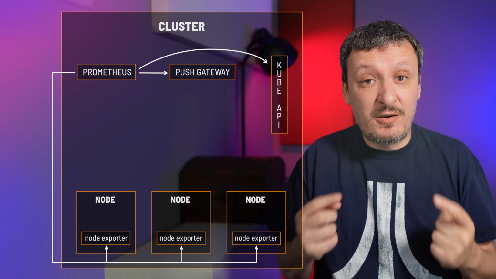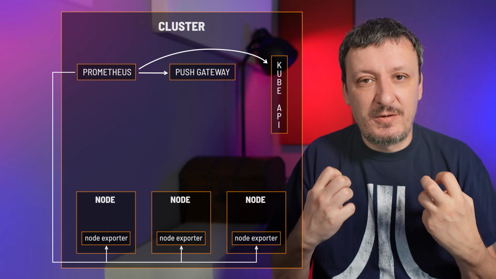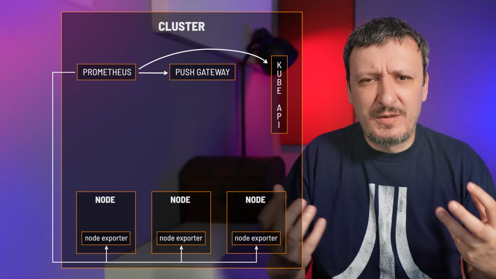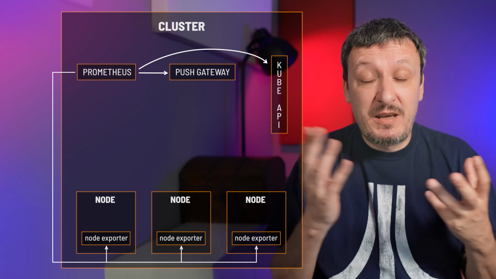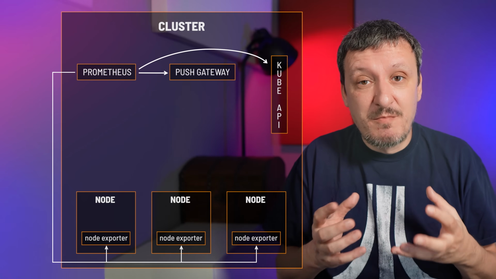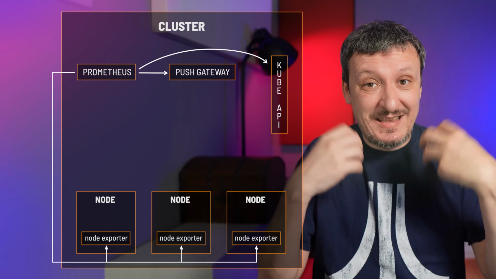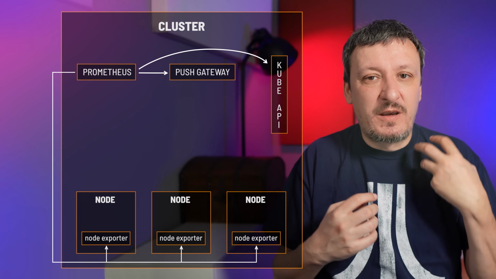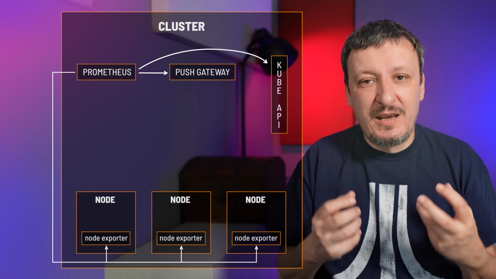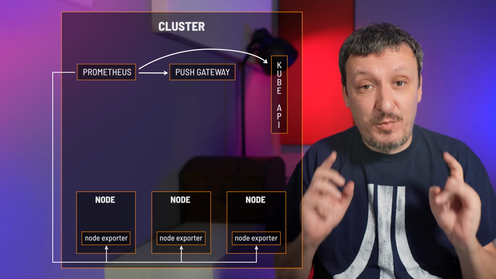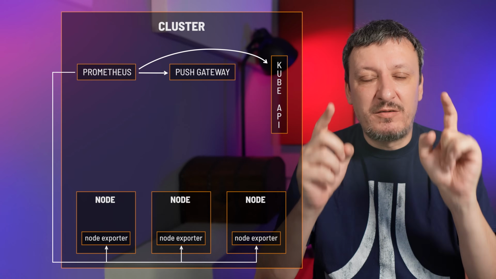Since Prometheus can only pull metrics from somewhere, that poses a problem because some metrics, some applications, some parts of the system might not expose metrics in a way that Prometheus can get it from there. So we have push gateway. Push gateway is yet another destination that Prometheus is watching and pulling metrics from.